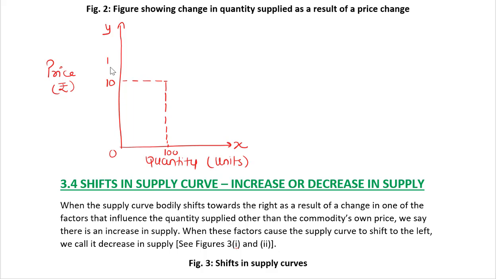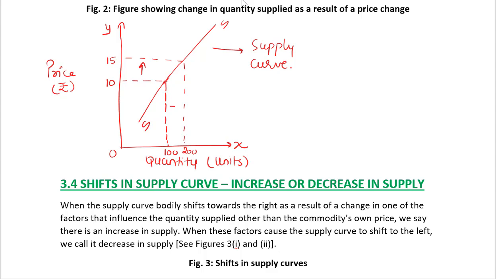When price rises from 10 to 15, the quantity supplied also increases from 100 to 200. So this is the supply curve, SS. This is the case of increase. So we have shown increase in quantity supplied over here.